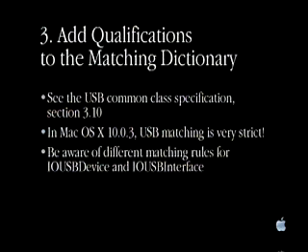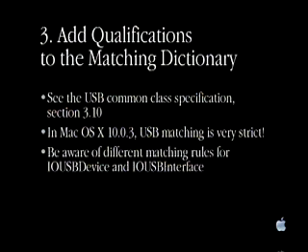Again, these are the qualifications. We showed a table earlier. They're from section 3.10 of the USB Common Class specification. And in the current shipping version of USB, the IOUSBFamily, the one in 10.0.3 and in 10.0.2 and 10.0.1 and 10.0, we're very strict with this matching dictionary.